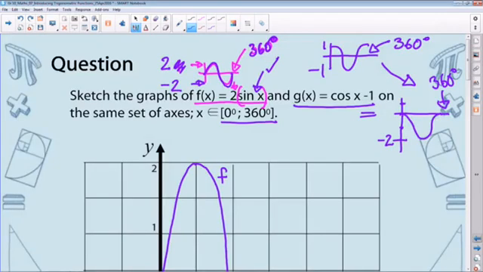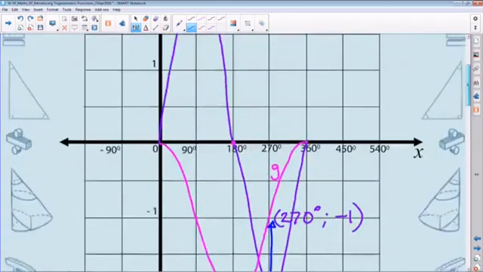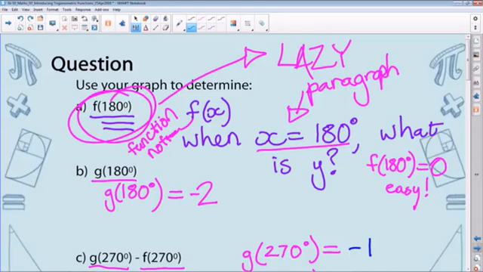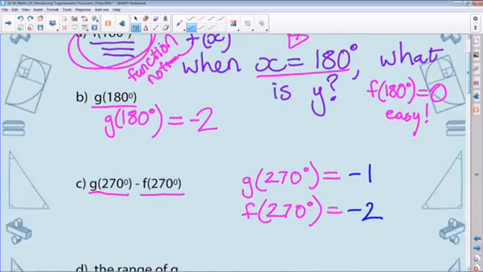And f at 270 degrees was -2. Yes. Okay. So that means this question, C, is asking -1 minus -2 is equal to what?